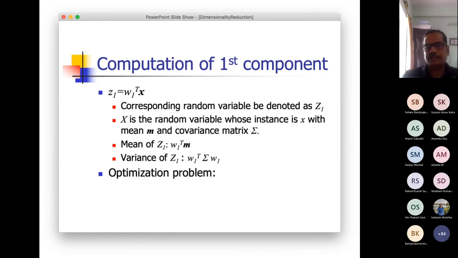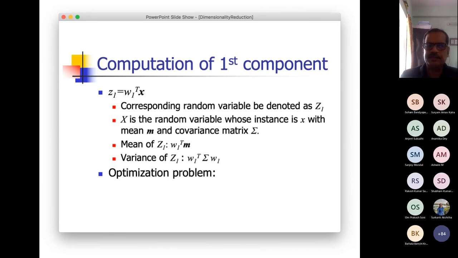So it's the same as the projected mean on the direction W. Whereas the variance of Z1, a very interesting result that can be proved very easily, is W1 transpose sigma W1. So if I give you the covariance matrix of the data, I can compute the variance along any direction of its projected components. The covariance matrix contains that information.